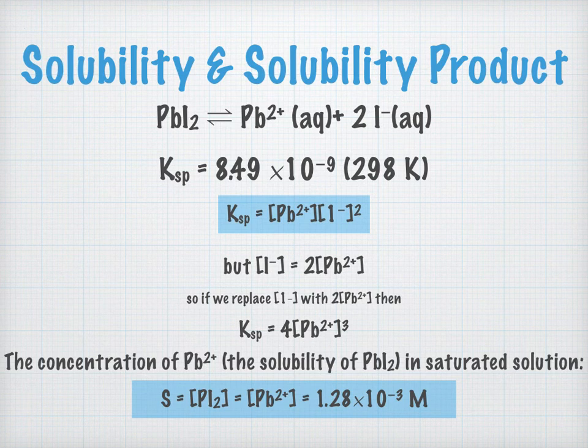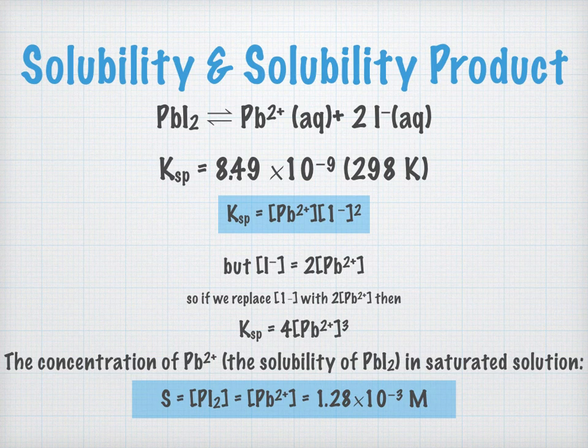And here I've given you this example where I've got this equilibrium between lead iodide and its ions, and the solubility product of it is quite low at 8.49 times 10 to the minus 9. Now, because it's sparingly soluble, from this point on, I'm not using activity, I'm going to use concentration instead, because when it's something sparingly soluble, those two are interchangeable.